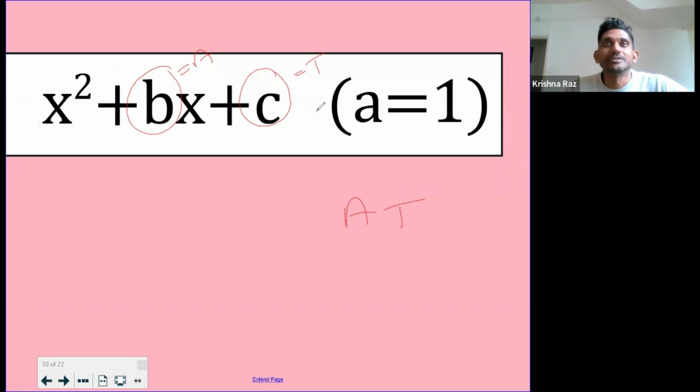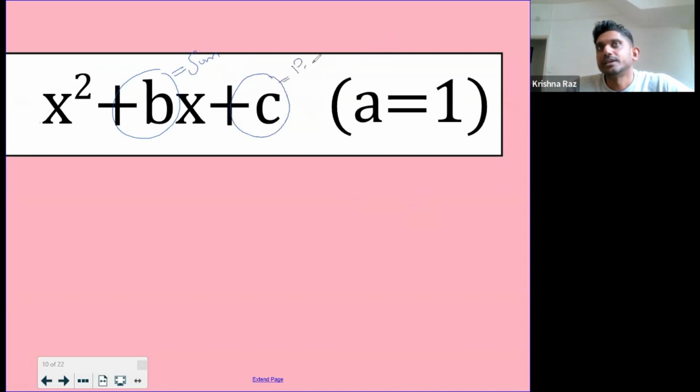If you don't like that one, we have the sum is b and the product is c. Now, for that one, we need to remember that s is on the left, s comes first, p comes second.